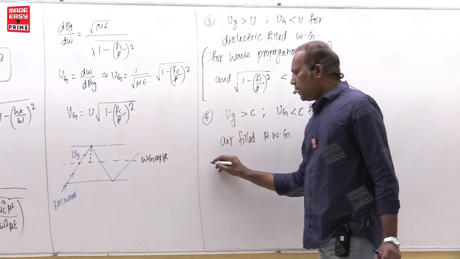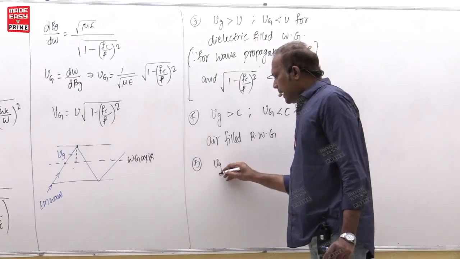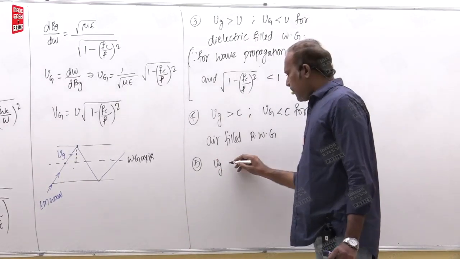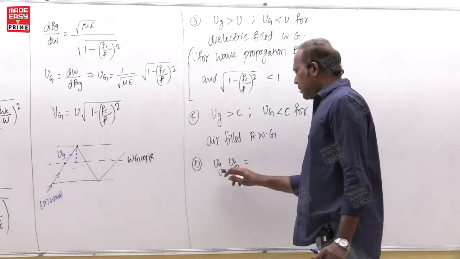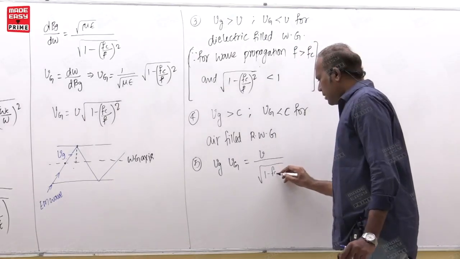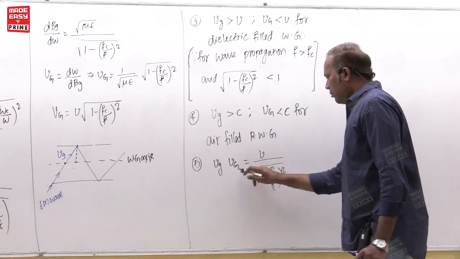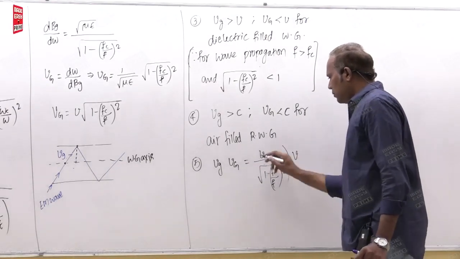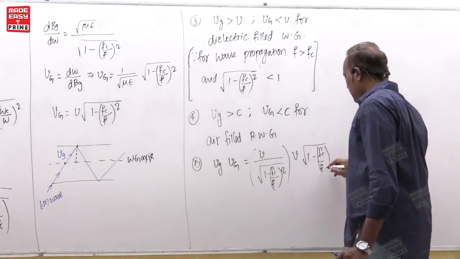Students, this fifth point, if you want, you can write this one. Guide phase velocity multiplied with group velocity: guide phase velocity is v divided by root of 1 minus (fc by f) whole square, then Vg is v into root of 1 minus (fc by f) whole square.